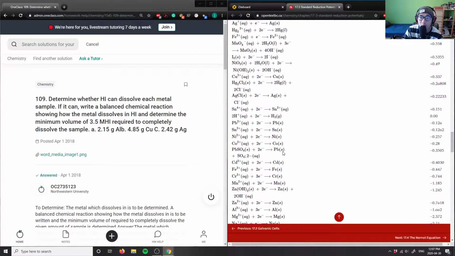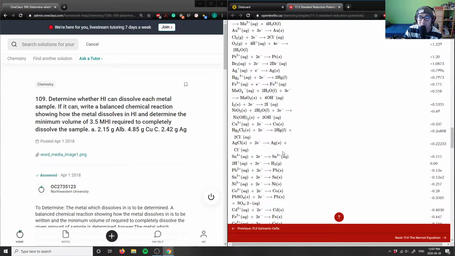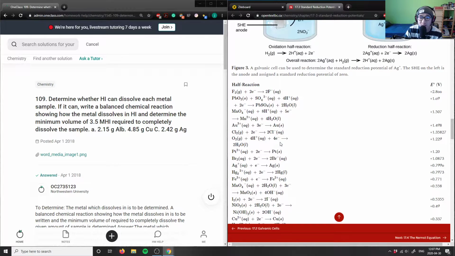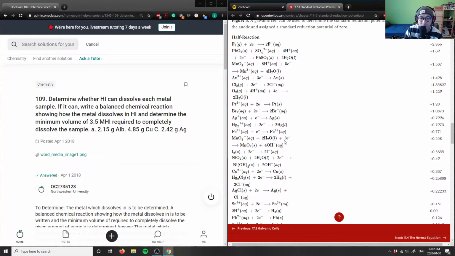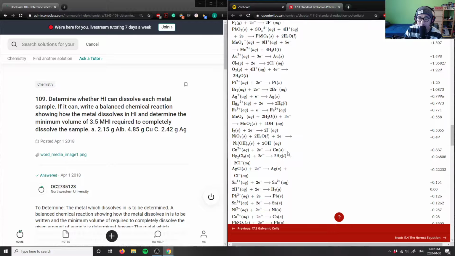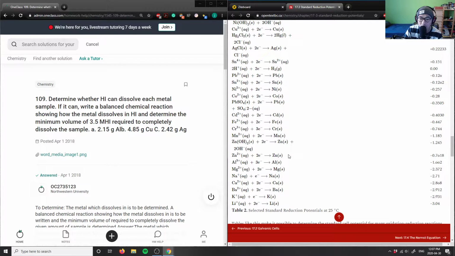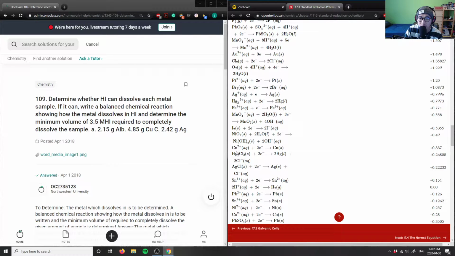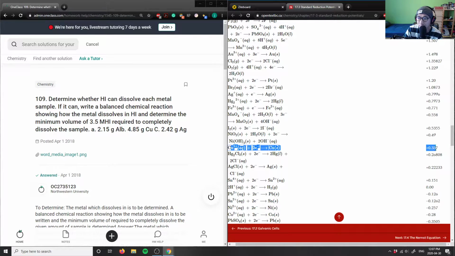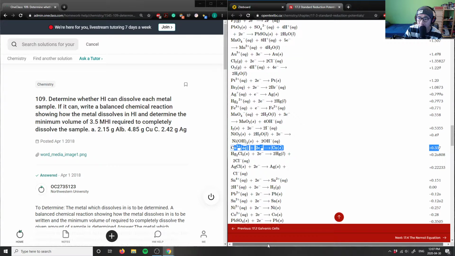I'm going to try to find copper. Copper here is, depending on what charge it is, probably a different kind of value. I think they just had the 2+ here, so the copper here is 2+. This would be positive 0.337.